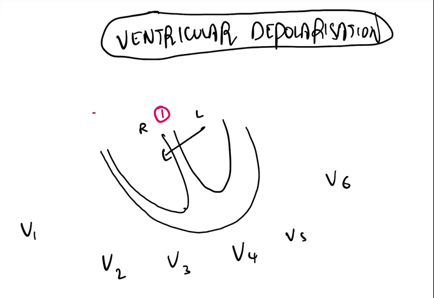Ventricular depolarization occurs in two phases. First, the septum gets depolarized, following which the main ventricular myocardium gets depolarized. In septal depolarization, the direction is from left to right as represented in the diagram.